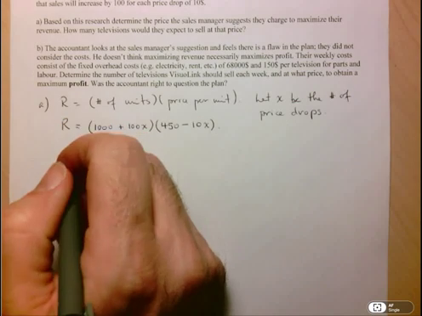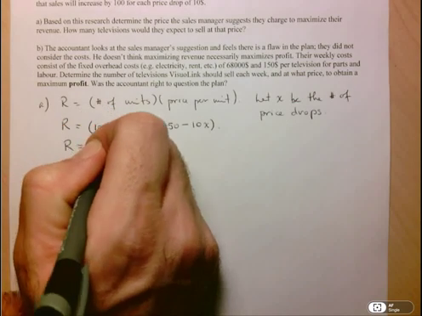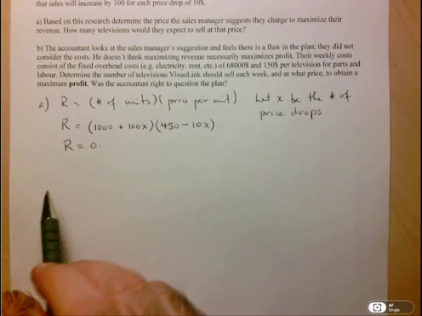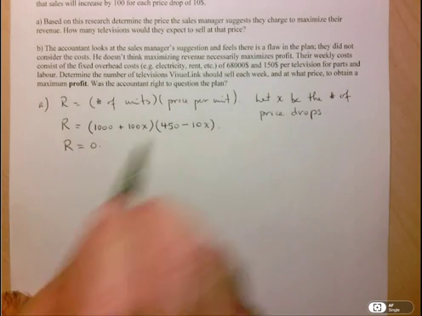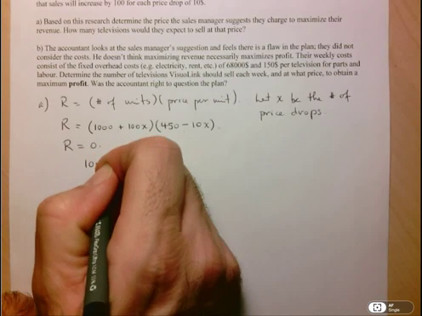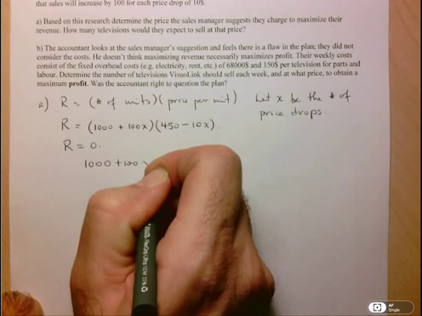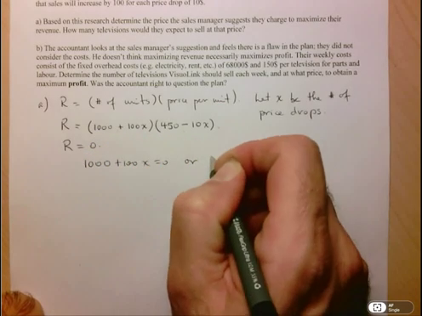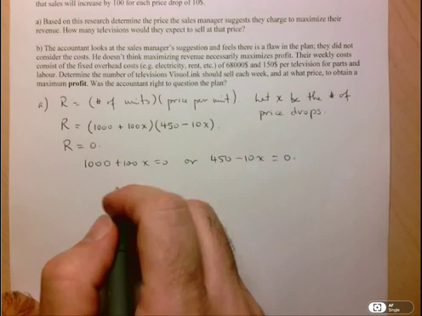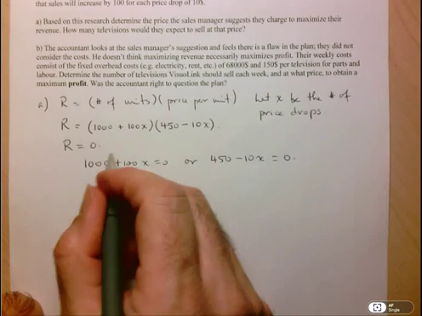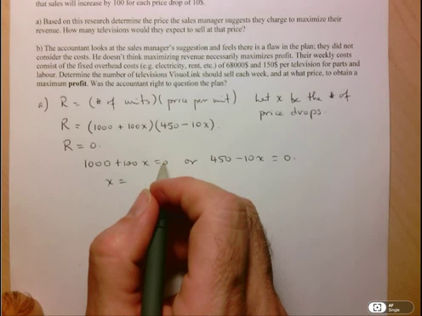So we have to solve the revenue being 0. We want the x-intercepts of these here. So that means either the first expression has to be 0 or the second expression has to be 0. So we've got 1,000 plus 100x equals 0, or 450 minus 10x equals 0. So here, if we solve for this, 1,000 goes to the other side, becomes negative 1,000.